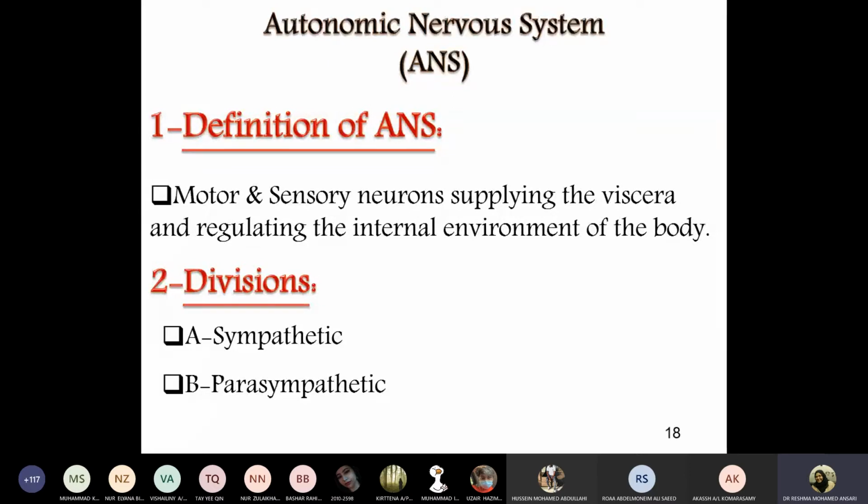One is sympathetic and the other one is parasympathetic. Sympathetic is for fight or flight situations. Whenever there's an emergency, whenever there is a discomfort, whenever there is something wrong with the internal or external environment, automatically your sympathetic will take action. Whereas your parasympathetic is for homeostasis.